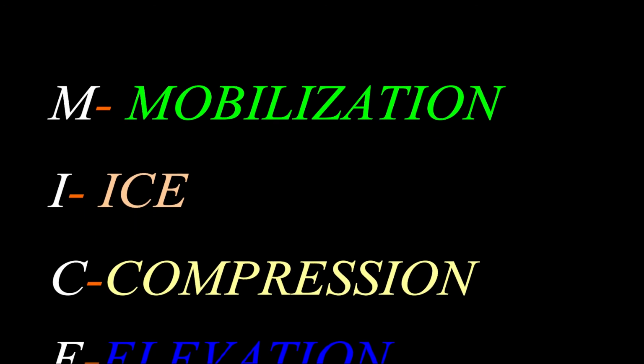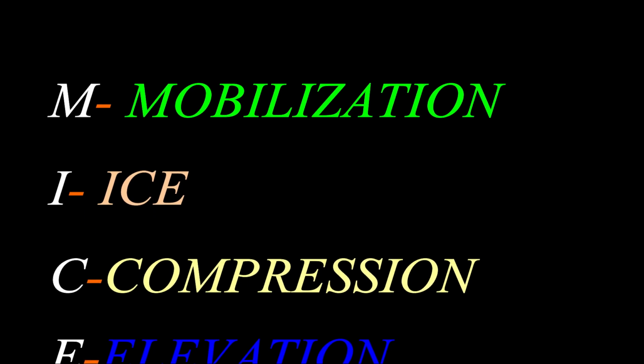Once the signs of inflammation have gone and heat and redness are reduced, the MICE procedure should be followed until the injury is healed. MICE stands for mobilization, ice, compression and elevation. M for mobilization, I for ice, C for compression and E for elevation.